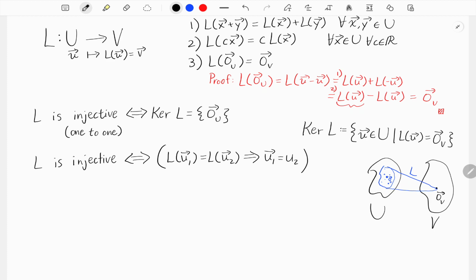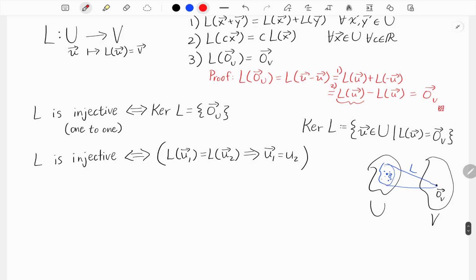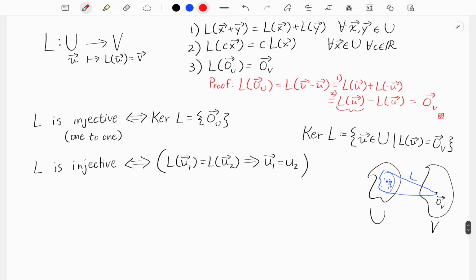I could consider this as a definition, which is a biconditional anyway, but I could add the backwards arrow, and that is trivial because if the inputs are the same, the outputs are for sure going to be the same. But we're mostly looking at this direction, because if the outputs are the same, then the inputs are the same, and then we have an injective function or linear transformation. That's what we're dealing with here.